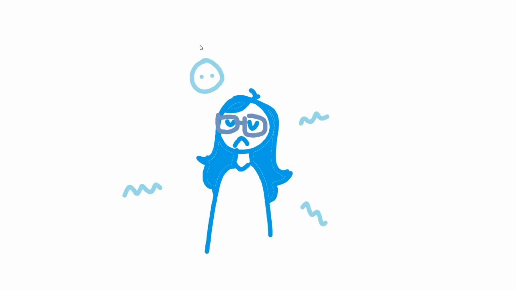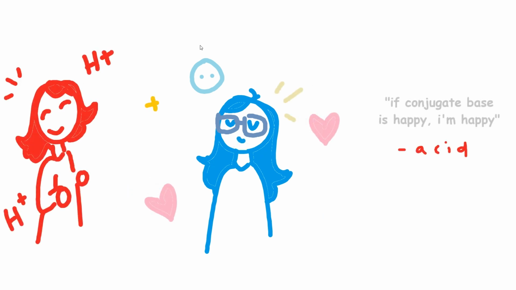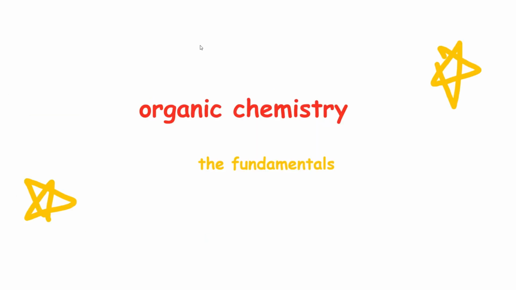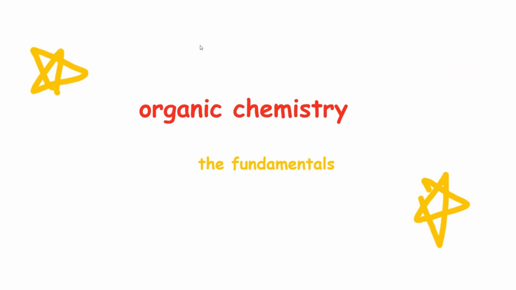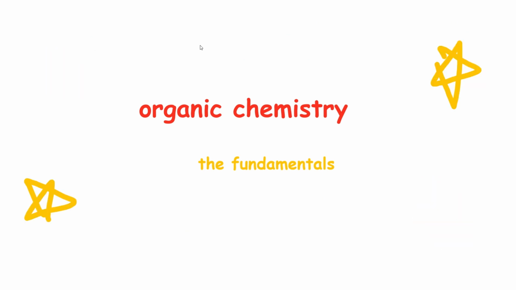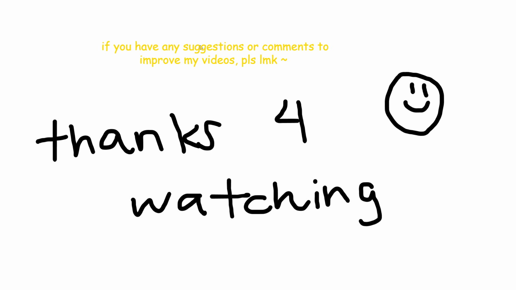Okay, speedrun is over. To summarize, you can think of a conjugate base as a sad electron cloud. If they're able to exist in a more stable and a secure environment, you can rest assured that the positive acid is strong and happy. Being able to rank acidity is a core concept in organic chemistry, and I hope this video helped you decide how to analyze a compound's reactivity.